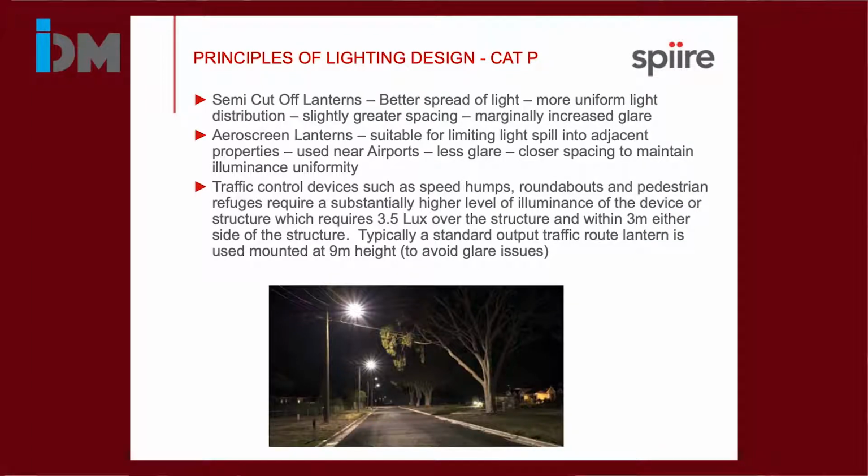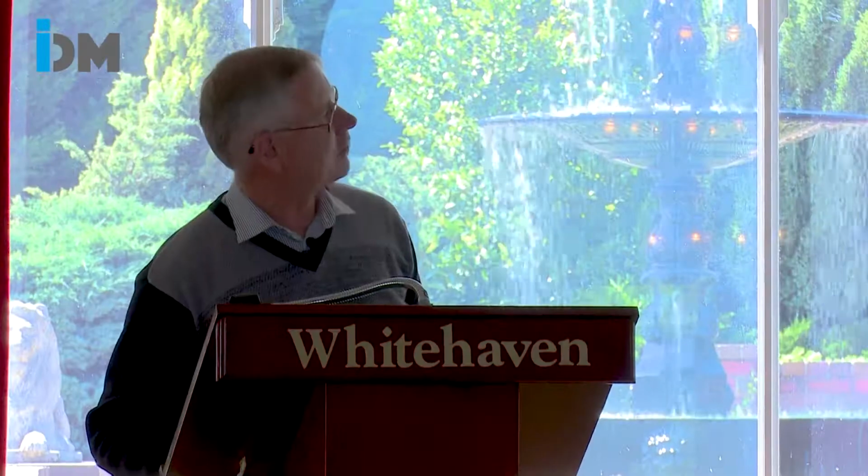So another thing to consider when evaluating a lighting plan is if you have traffic control devices, which councils will obviously often specify, particularly on longer straight sections of road or major through roads where there is an issue or potentially an issue with people driving too fast.